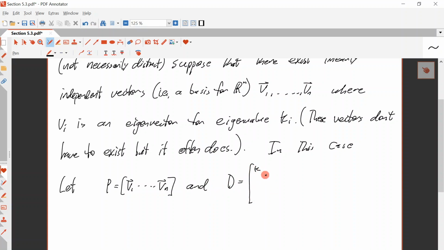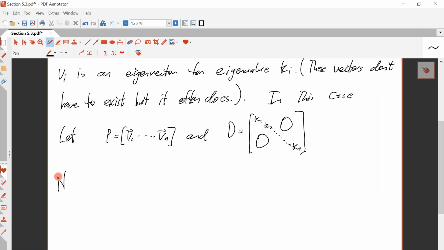It's the matrix that has the eigenvalues along the diagonal and is 0 everywhere else. So P is this matrix whose columns are the eigenvectors for these eigenvalues, which are the entries on D, a diagonal matrix. Okay?